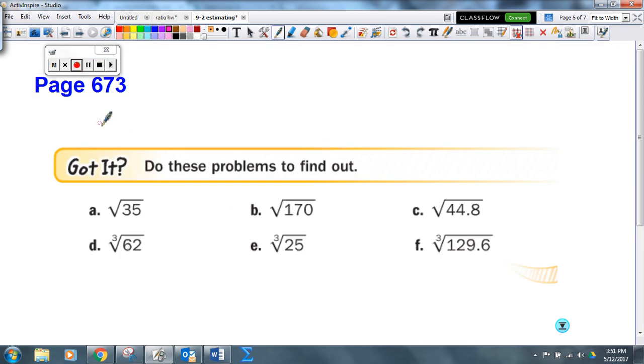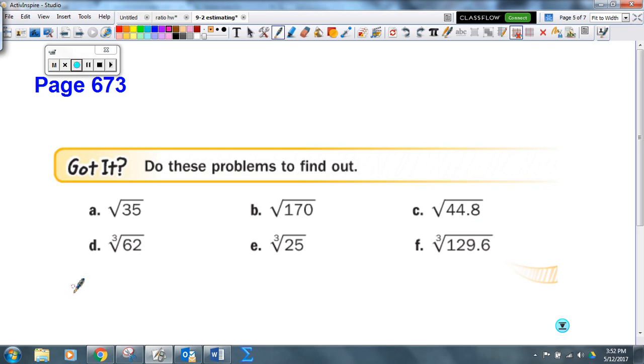Alright, so in our book on page 673, we're doing these problems. I'm going to do some with you. So to find the square root of 35 to the nearest integer, I need to think about that list and the number that is closest to 35 that's a perfect square that's below, and the number that's close to 35 that's above.